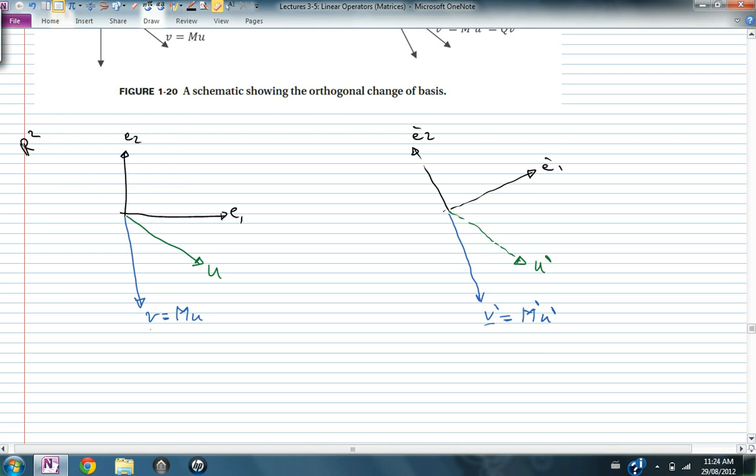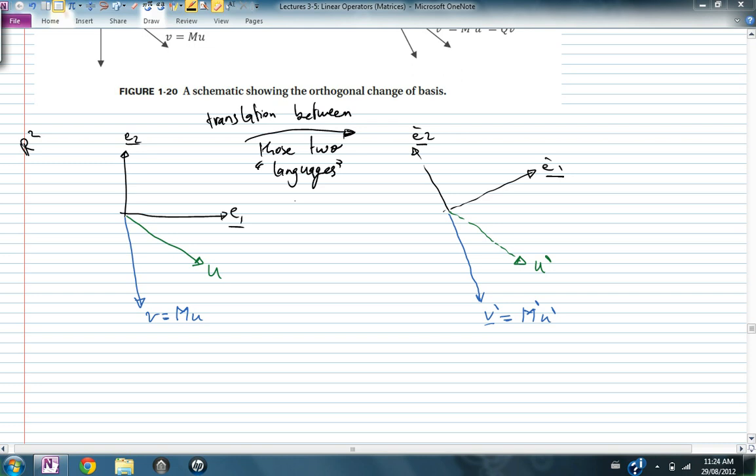So the relationship between the components in both is done using the translation between those two languages, one expressed in the language of E1 and E2, the other expressed in the language of E-1 and E-2.